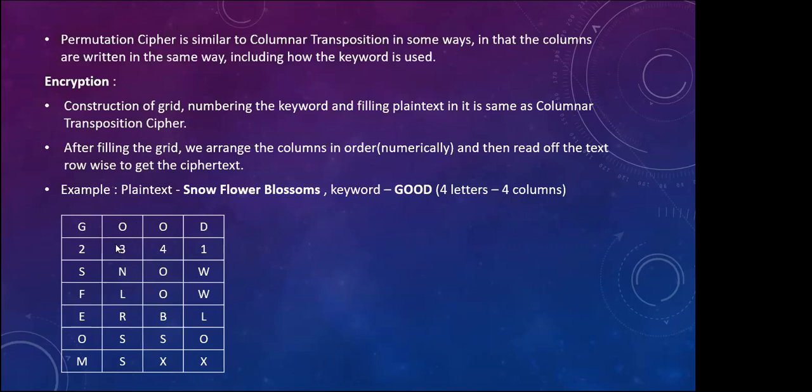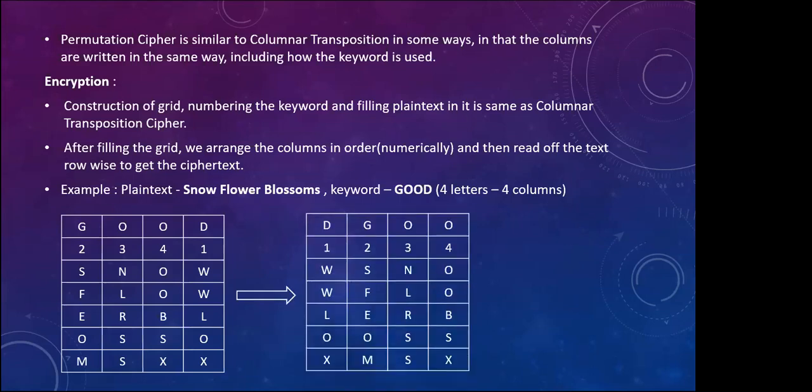Like the first appearance of O will be numbered first, and then the second appearance. Now we will arrange these columns according to the numbers given to them, so that it looks like this. First the column of D, then G, then the third number and the fourth number.